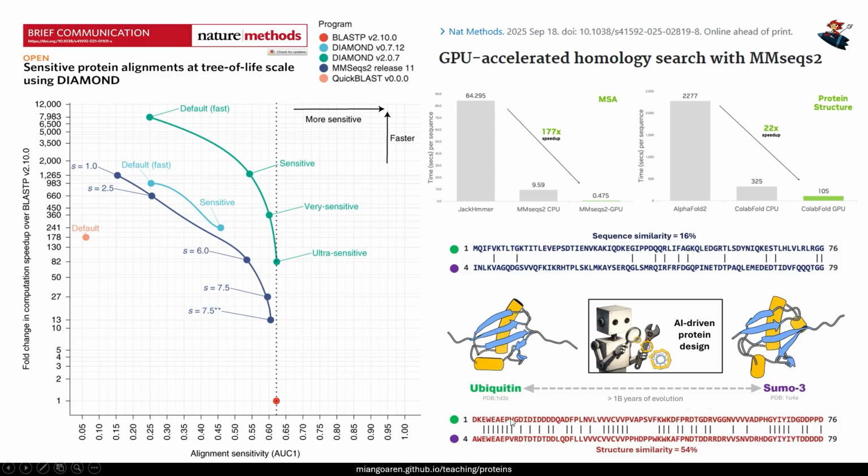Now we have a structural alphabet that also has 20 symbols, and by having structural information encoded in the form of 20 symbols, we can combine the sensitivity that gives us the power to compare protein structures with comparing sequences, but do it at the sequence level and obviously much faster.